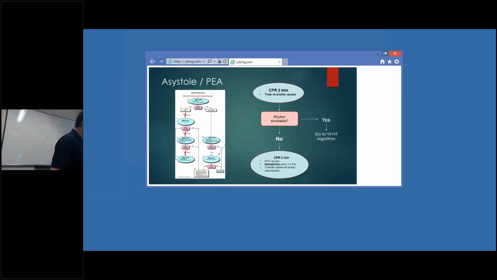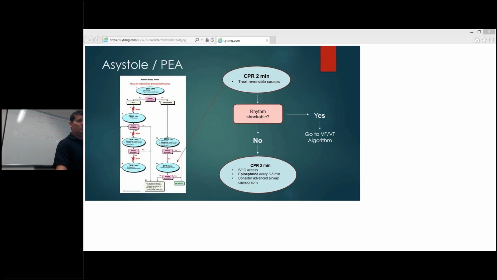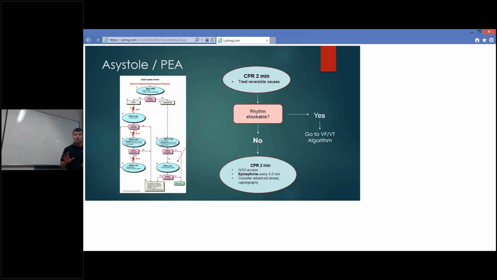We're getting down to the last ones here. So let's look at my non-perfusing rhythms. In my non-perfusing rhythms, we have asystole and PEA. Now, I've told you my thoughts on asystole and PEA, which is basically that they are not the same rhythm. But according to AHA, we treat them the same way.